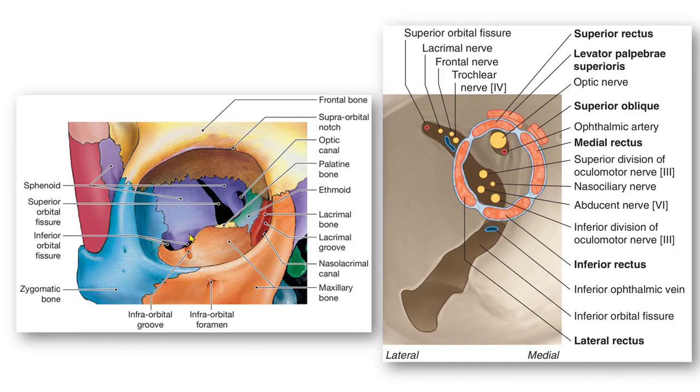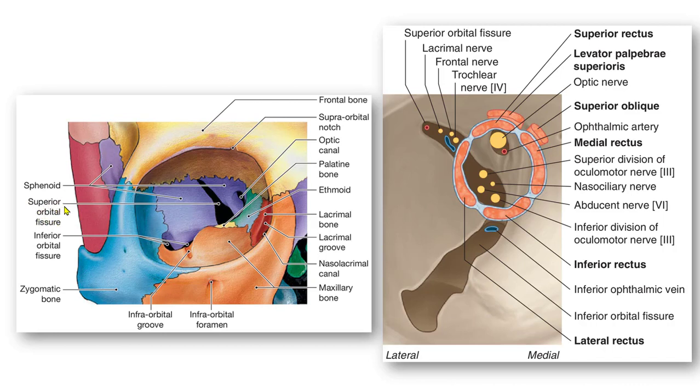One landmark of importance close to the lesser wing is the optic canal, which is located anteroinferior to the lesser wing. A little lateral to the optic canal, you can see a rather large opening or cleft between the orbital surface of the lesser and greater wings of the sphenoid bone. This is known as the superior orbital fissure.